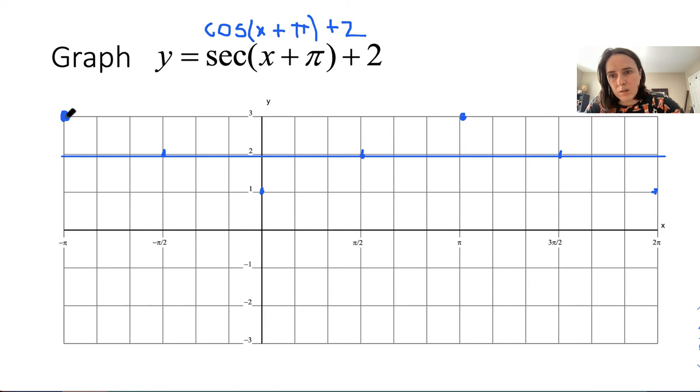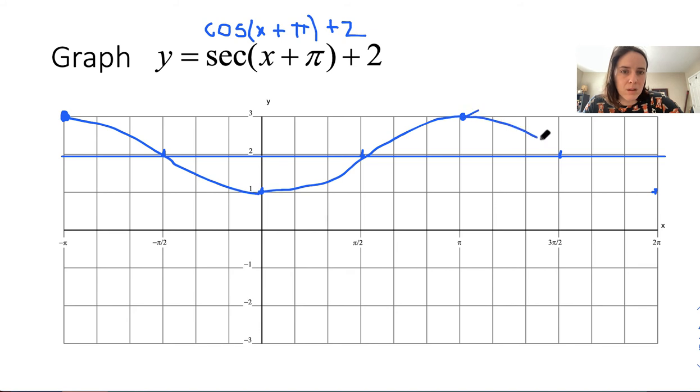The nice thing about having the graph boxes be multiples of pi over 6 is it makes it a lot easier to graph periodic functions. Big fan. And then we go swoop. It's actually not a bad cosine. All right. So again, we've got that shift of pi, and then we're shifted up by 2.